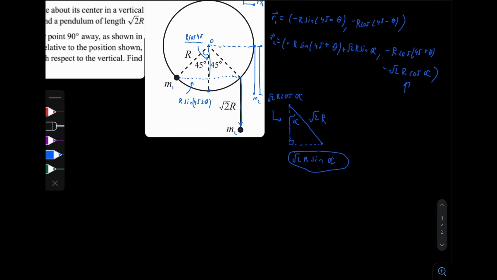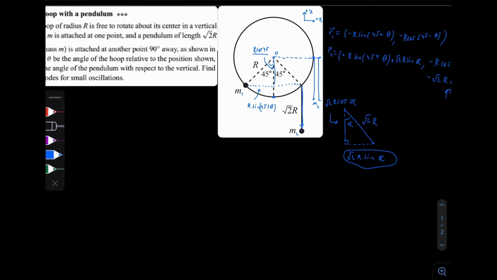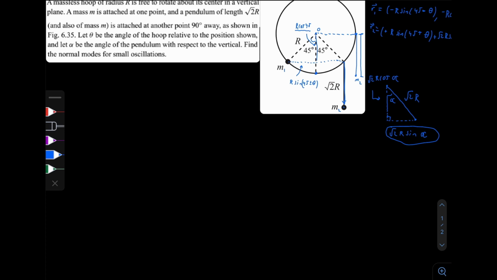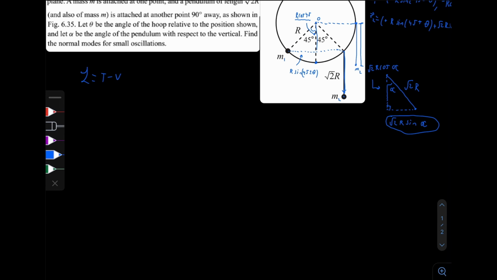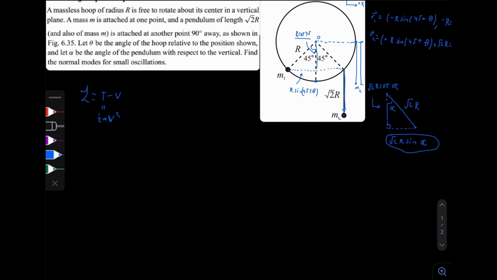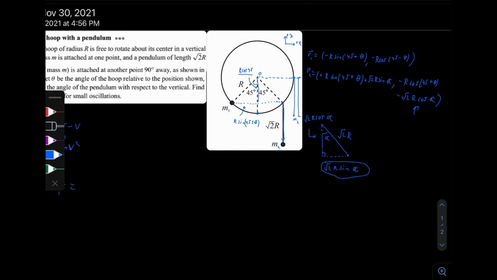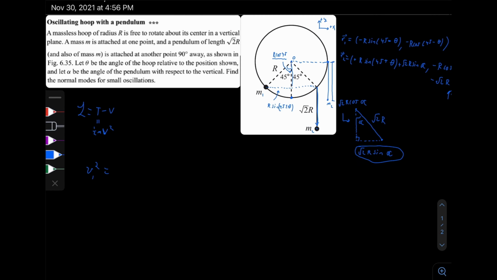Okay, so that's really the only physicsy part. This is math. If we have our Lagrangian, T minus V, then we know we want velocities, because T is equal to 1/2 m v squared for every particle. So let's start with v1. Well, this one's kind of easy. You could just take the first time derivative of r1.